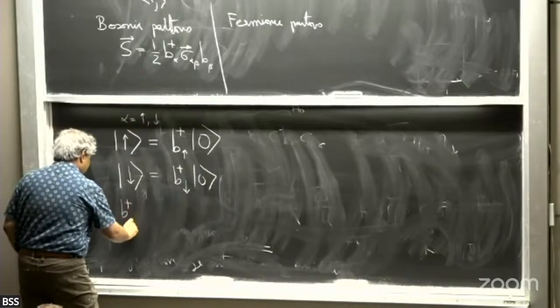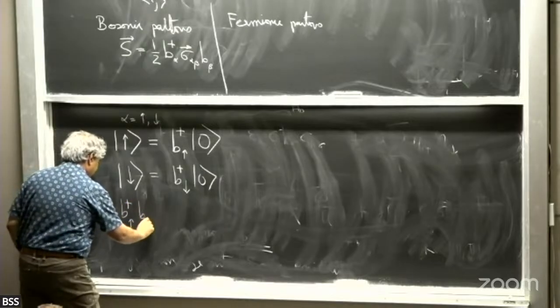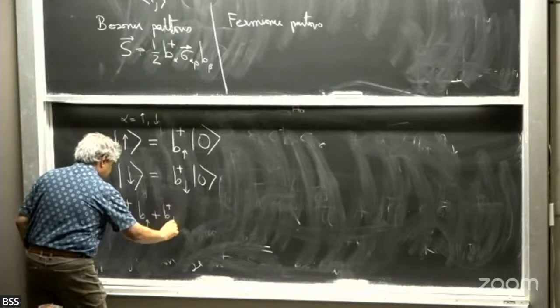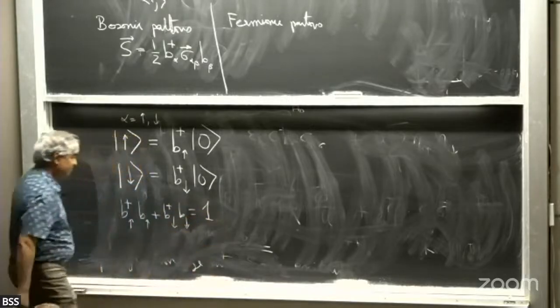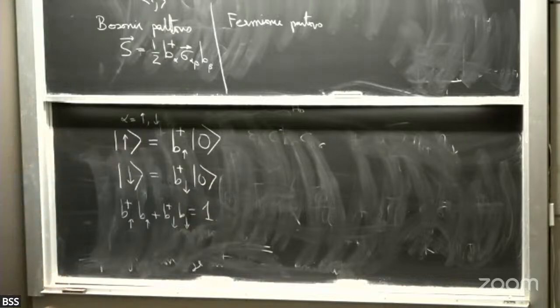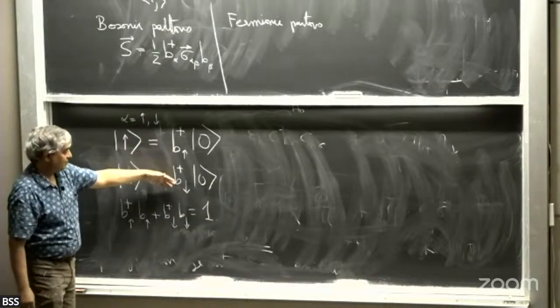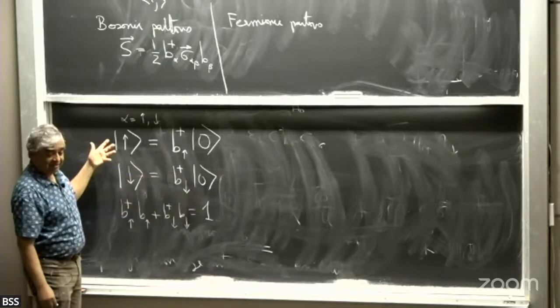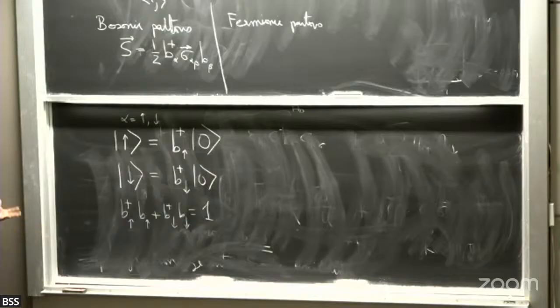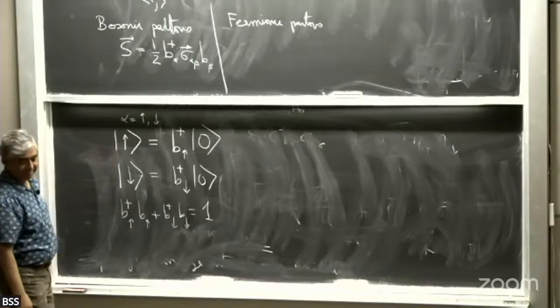So I have a constraint: B dagger up B up plus B dagger down B down must equal 1. So there should be either an up boson or a down boson, and as long as this is satisfied, I only get physical states. So the Hilbert space of these bosons, these partons, is very large, but I only want to work with a subset of them.